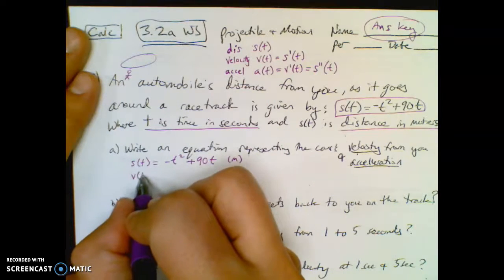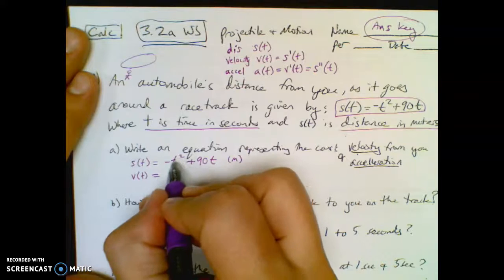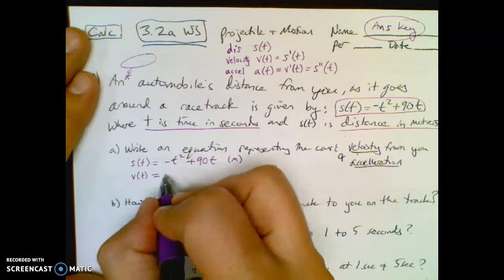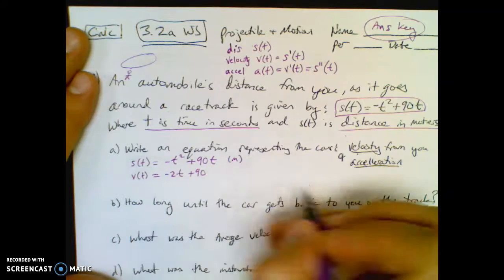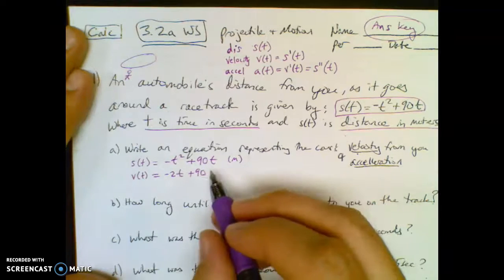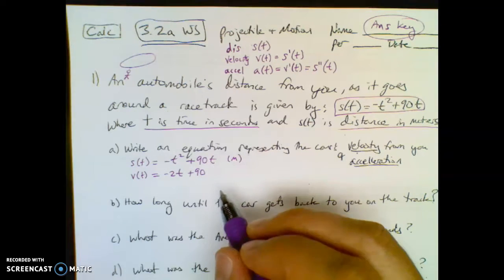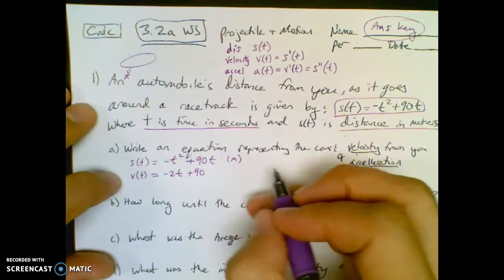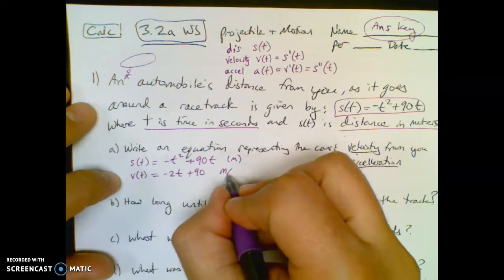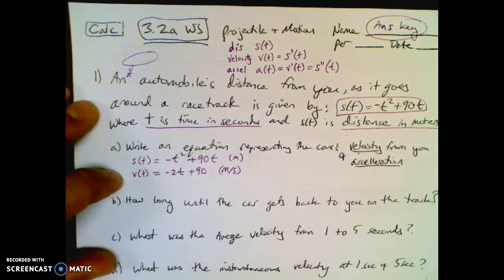So that's just v of t, which is simply found by taking the derivative of this, and you get to use your shortcuts, right? You should be happy. What are your units here? Well, for velocity, if this was meters, we're dealing with seconds, it's meters per second. It's good to keep in mind.